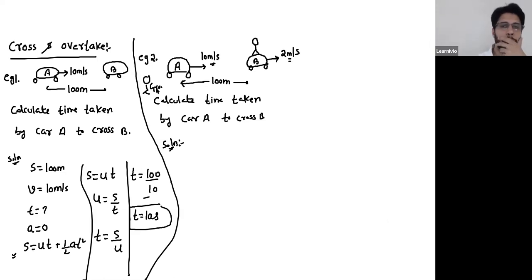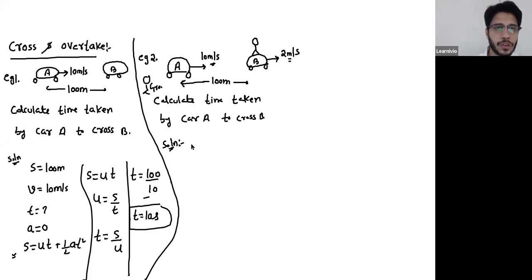Okay. So if your observer is on ground, then you will observe both the cars in motion. Like A is moving with a velocity of 10 meter per second and B is moving with a velocity of 2 meter per second. But if you place this observer on car B, then with respect to this observer, car B is at rest, right? If you are sitting in a car, then with respect to you, that car would be at rest.